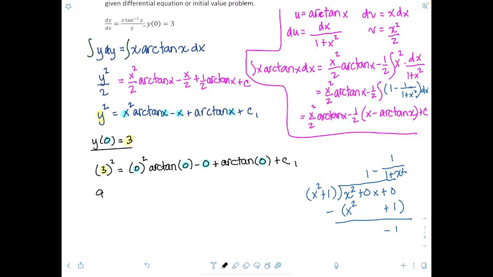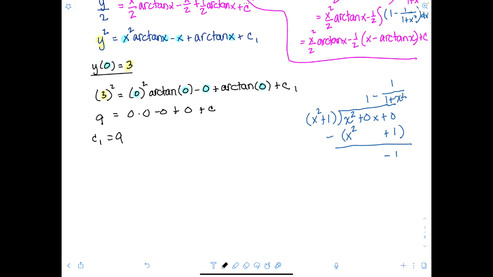So this will be 9 equals 0 times 0 minus 0 plus 0 arctangent, the angle at which the tangent function is 0 is 0 from your domain of negative pi over 2 to pi over 2, non-inclusive, and then plus c1. So it turns out that c1 is 9.